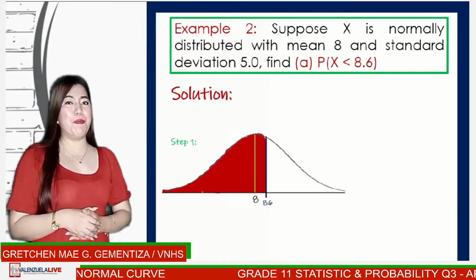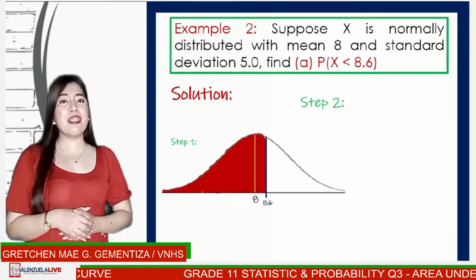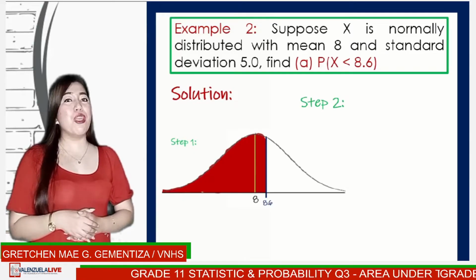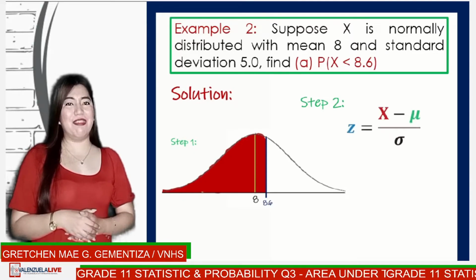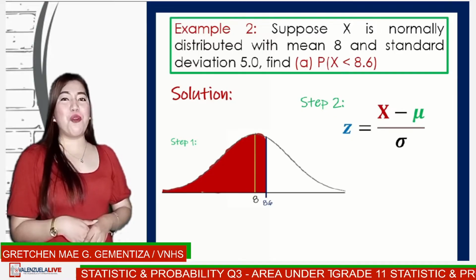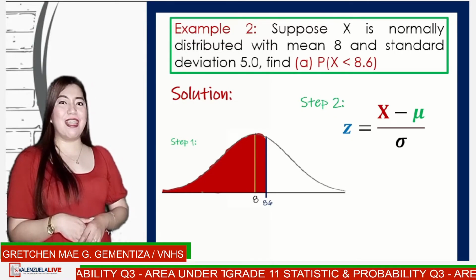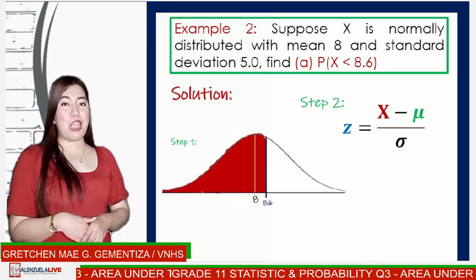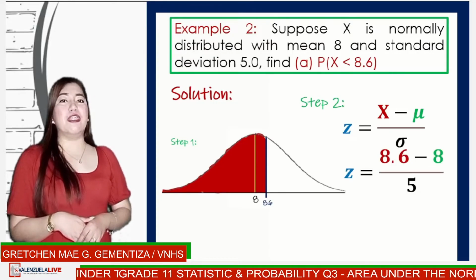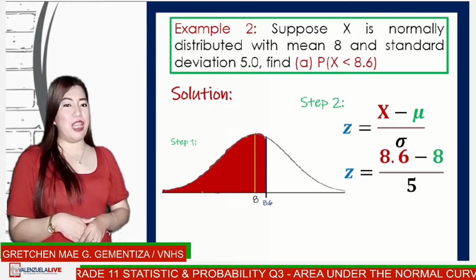Step 2. Convert the given x value to a z-score using the z-score formula. Z-score is equal to x minus mu all over sigma. The x given is 8.6, minus the mean of the population, 8.